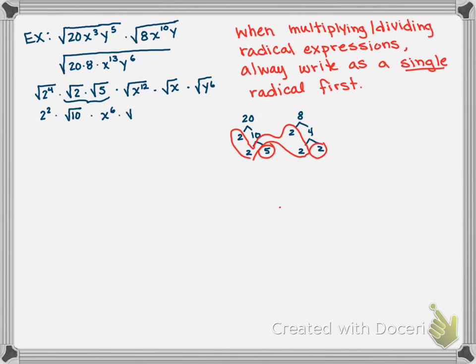The square root of x is just the square root of x. And the square root of y to the 6th is y to the 3rd. And then we'll put it all together. Let's see, we have 4 x to the 6th, y to the 3rd, and then the square root of 10x.